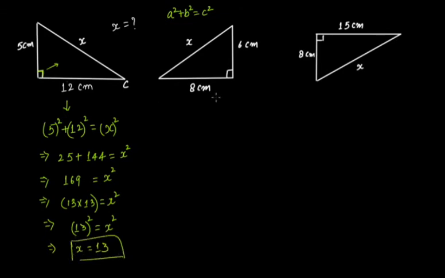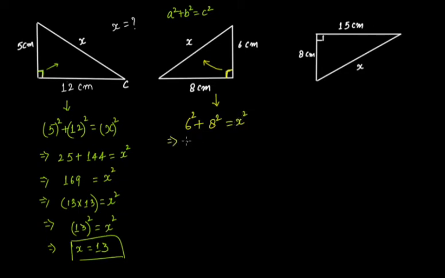Now in this case, this is a right angle triangle. The side opposite to this right angle is this one. This is the hypotenuse, therefore the hypotenuse here is x. Again, a square plus b square is equal to c square. c will be again x here. So let's do it. This is 6 square plus 8 square is equal to x square, because this is a right angle triangle. This is Pythagoras property.